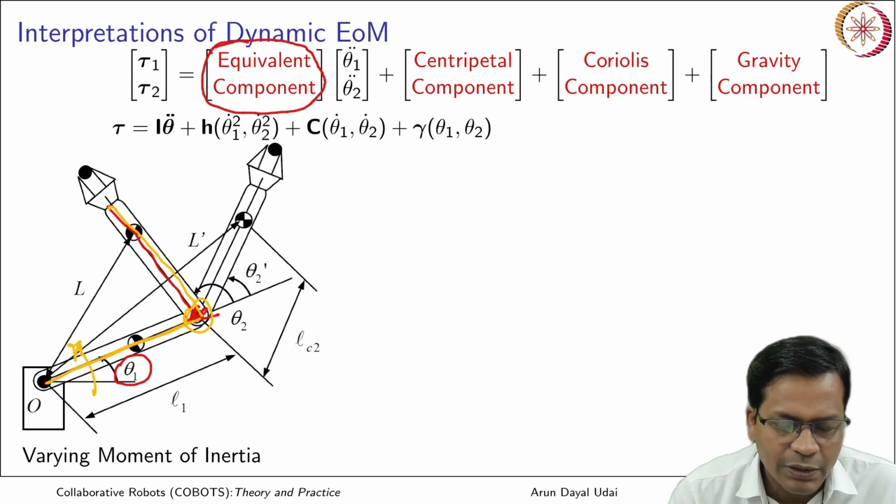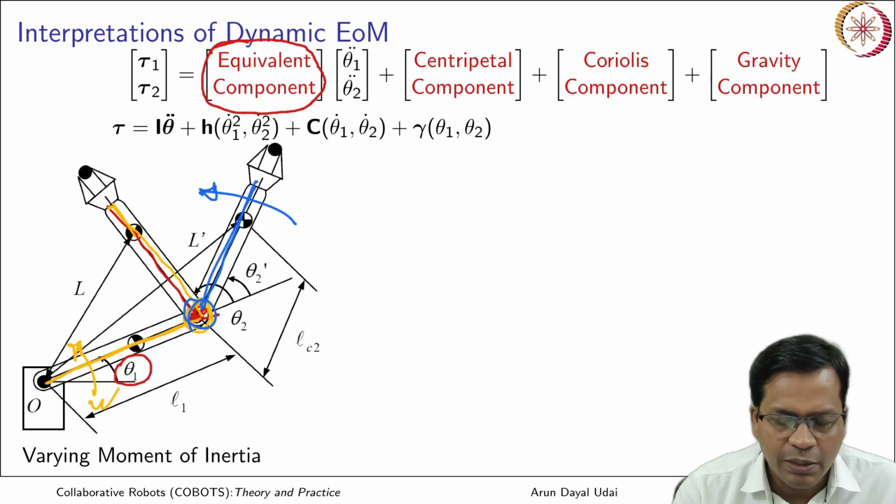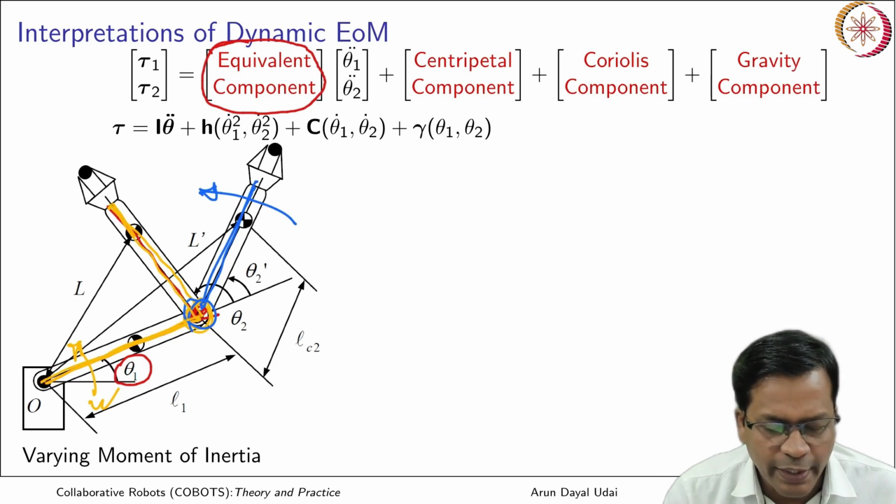While considering the torque at joint 1, the link is considered like this. But when considering the moment of inertia at joint 2, over here the link is like this, and the motion is because of the first joint motion and the second joint motion, both of them will appear here and that will cause torque over here. The shape here is very simple, it is straight, but in case of the first joint it is like this. So this is varying moment of inertia.